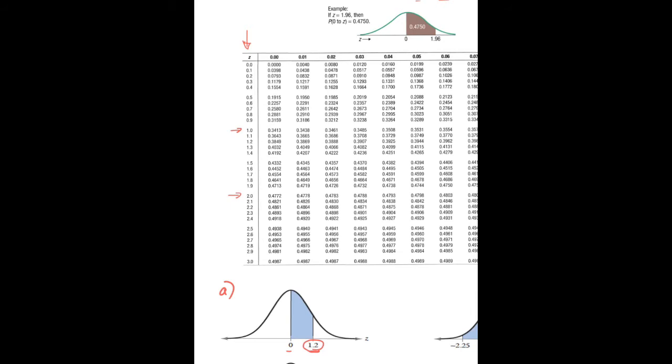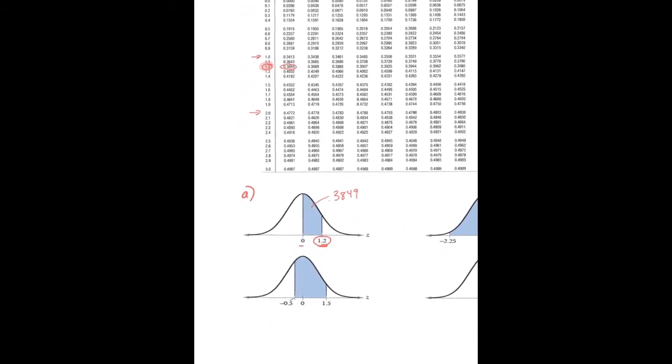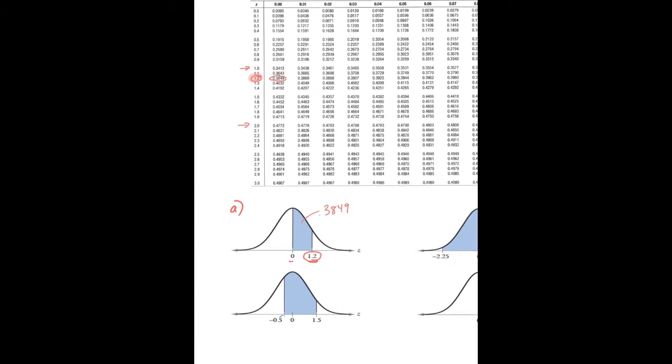In this specific example, we're looking for 1.2 standard deviations. So here we have 1.2, which is shown right there. And it'll give us this area here, which is 0.3849.